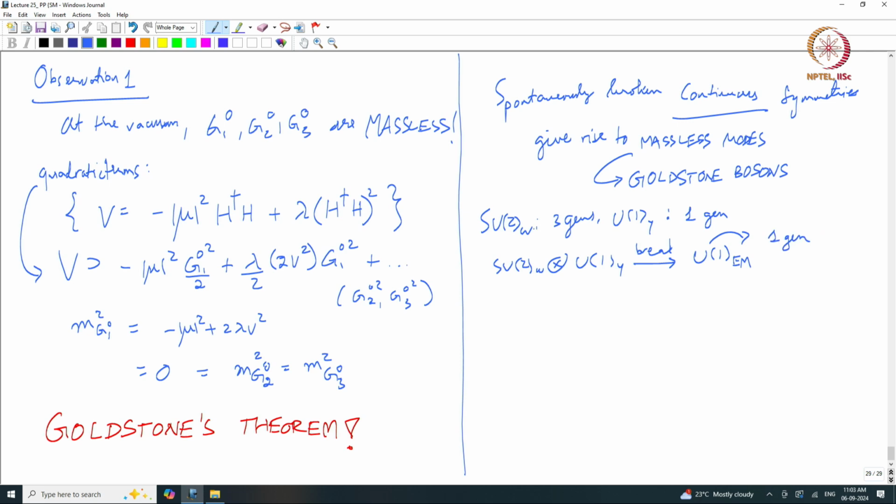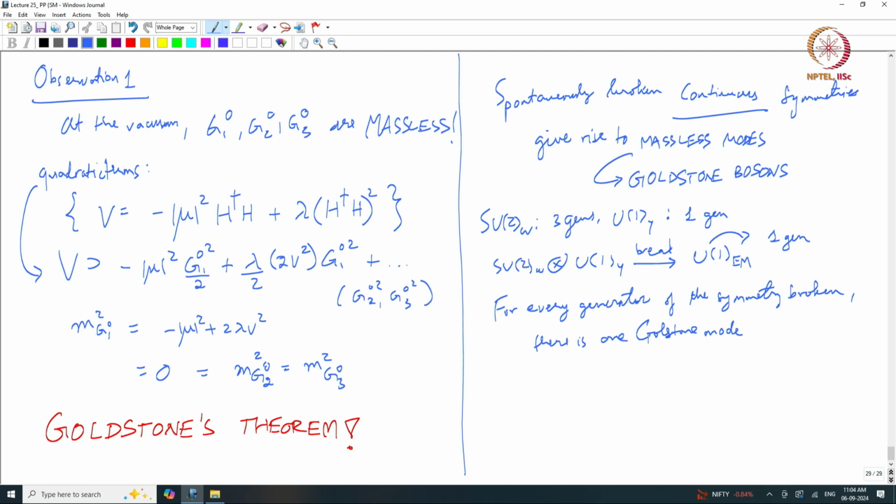In other words, for every generator of the symmetry that is broken, there is 1 Goldstone boson. Goldstone mode, Goldstone boson, however you want to put it.